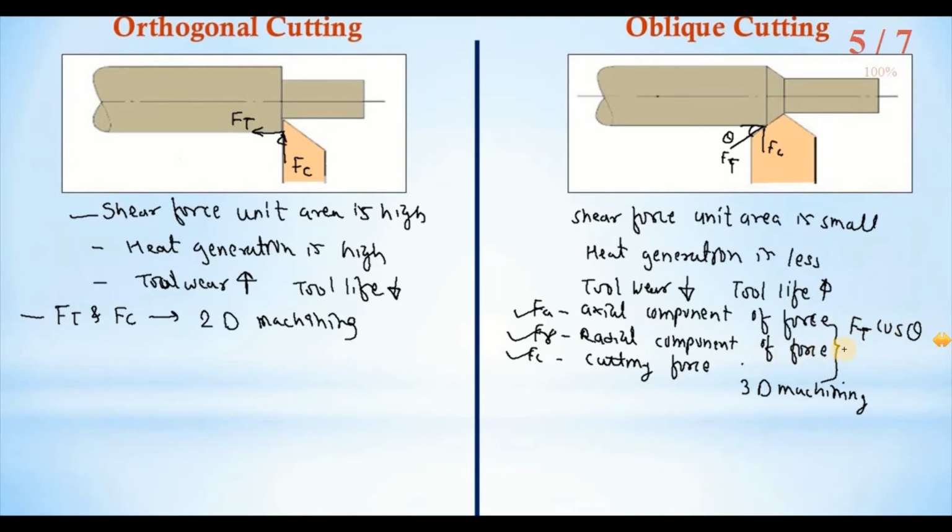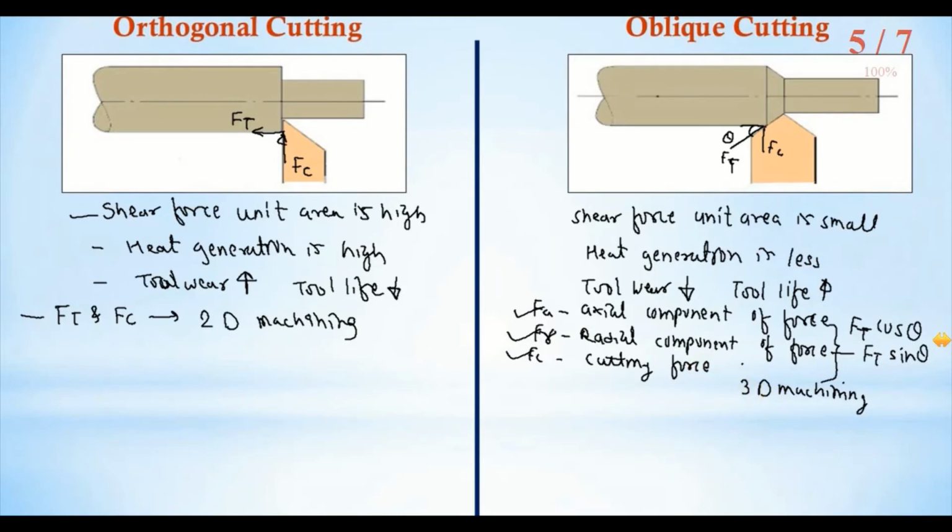And Fr is a radial component of force, which can be written as Ft sin theta. So orthogonal machining is a 2D machining process, and oblique machining is a three-dimensional machining process.